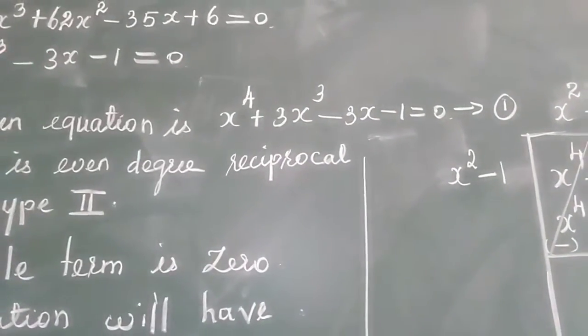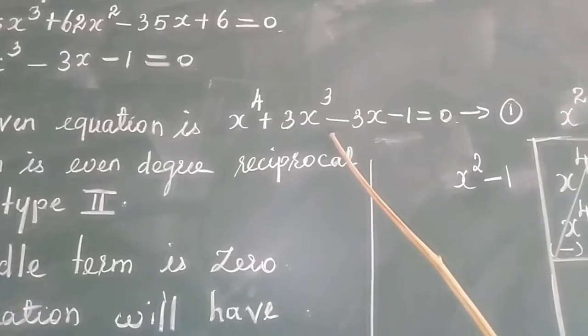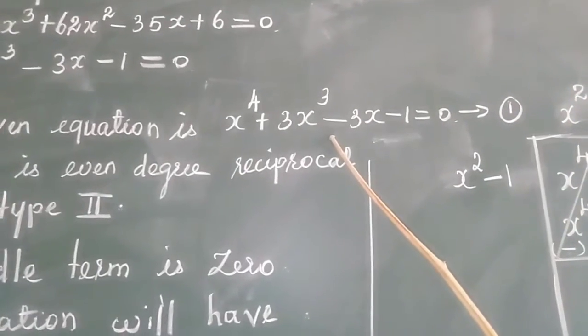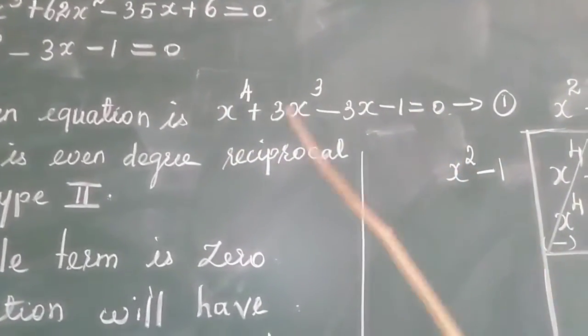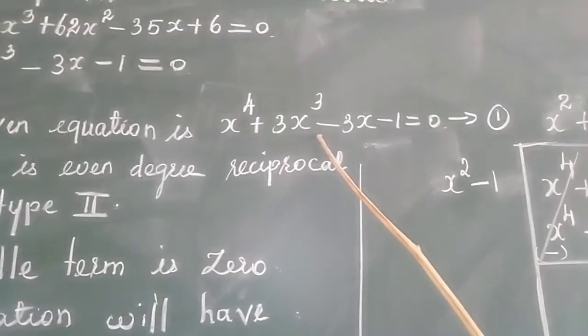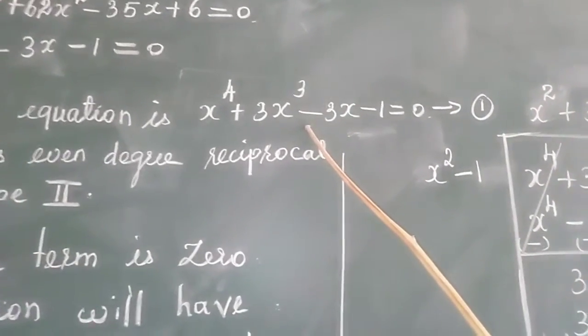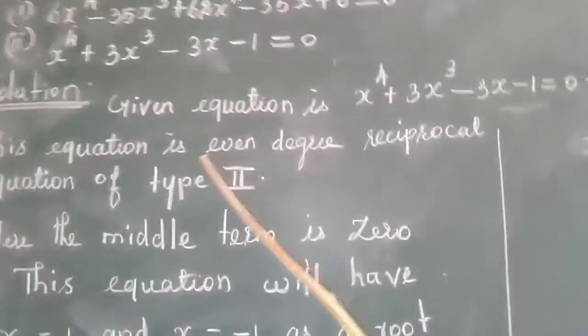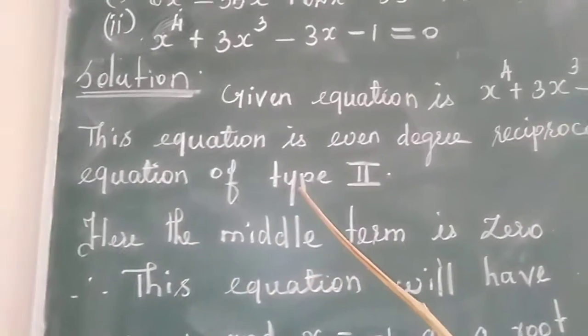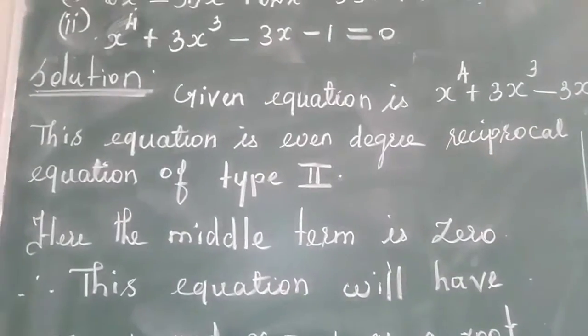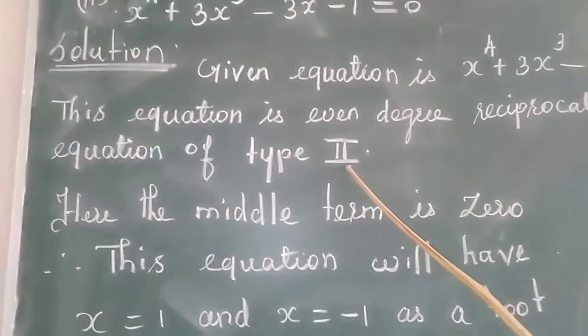Another thing you can find out is that here the middle term is 0. When you take these two and these two, there is no middle term. That means the middle term is 0. So we conclude this equation is an even degree reciprocal equation of type 2.